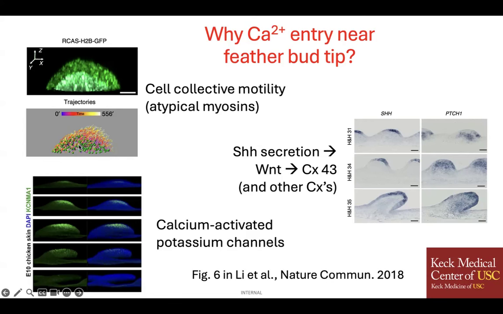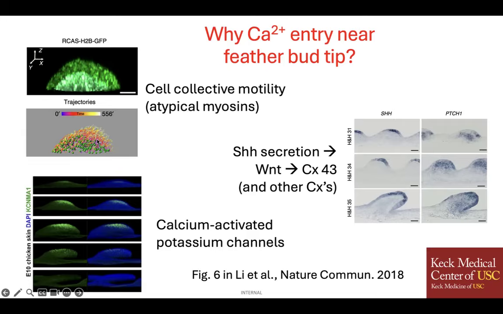But the cells that are being subjected to these repeated calcium waves are actually moving. And there are 2 ways you can see this. One is that where the nuclei were originally located is where these green circles are. And these arrows, which change color with position, indicate the direction of movement.